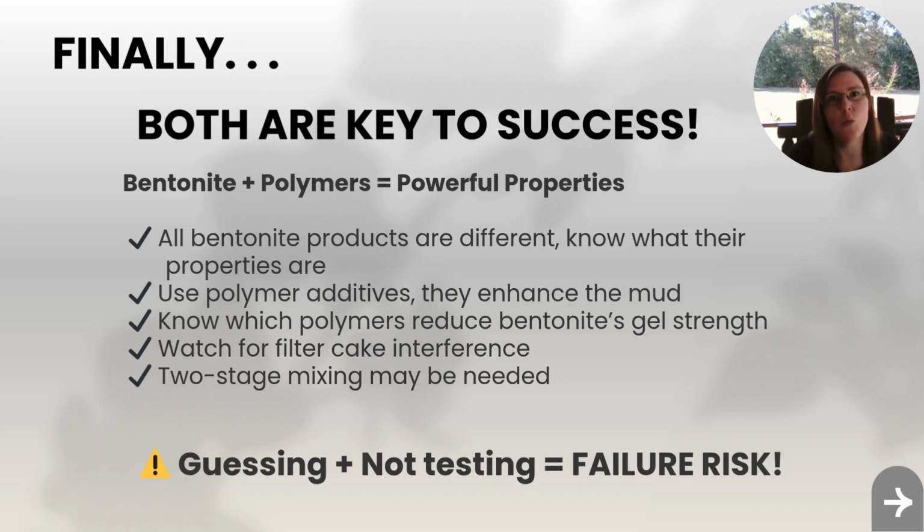So making sure that they work together and that they're compatible. That's really important too. Know which polymers might negatively impact bentonite, such as the polymers that might reduce gel strengths when we need gels. So it really comes down to selecting the right polymers that match and are compatible with the bentonite we select.